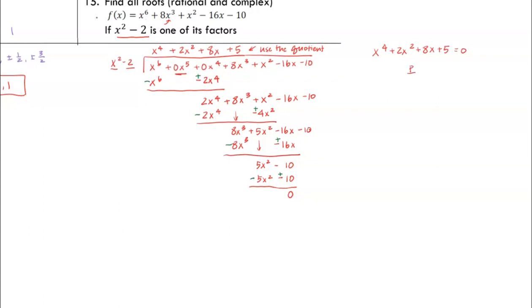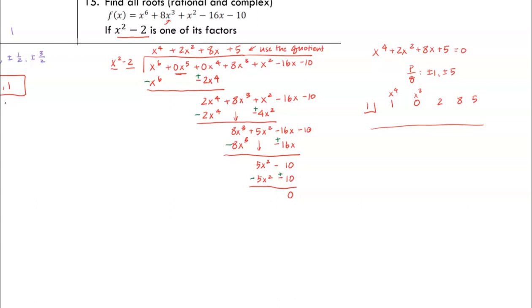Now I'll do P over Q. It's going to be plus or minus 1, plus or minus 5. So I'm going to set up 1, 0. X to the third is going to be 0. This is x to the third, x to the fourth. 2, 8, and 5. And we have a 1. Let's try a 1.